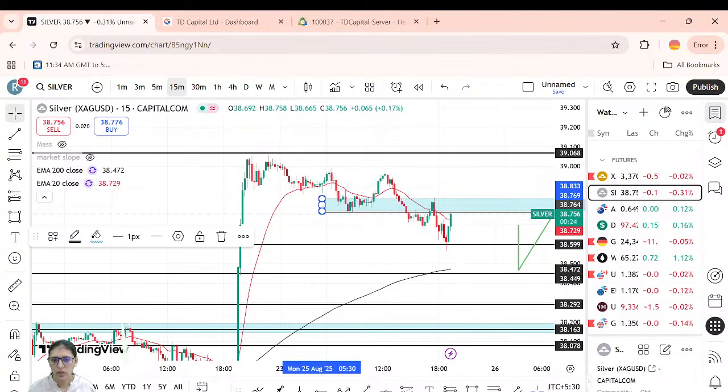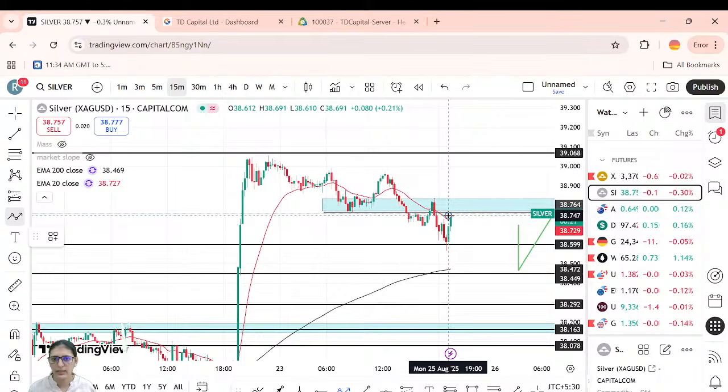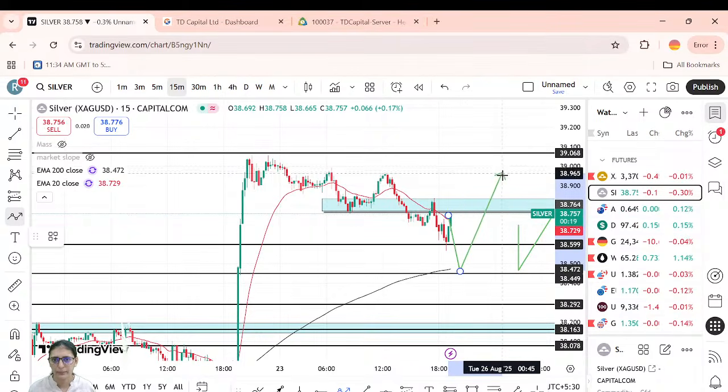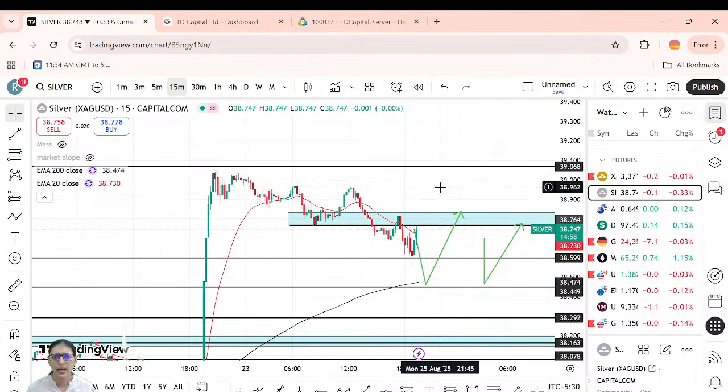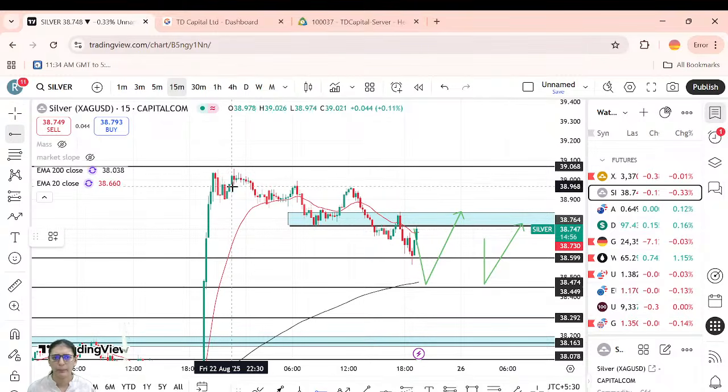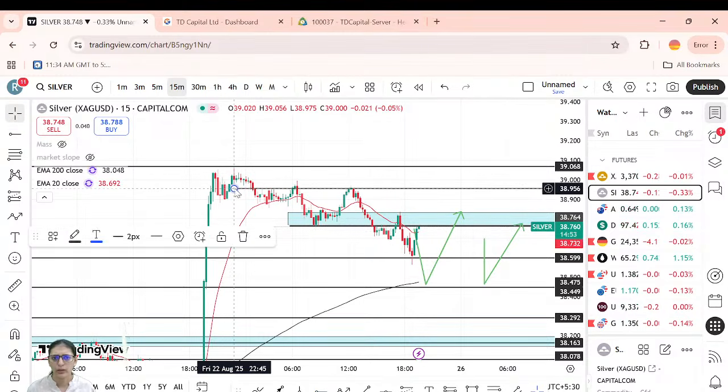But if it comes down for a retest, this will be a good buy area, at least till here. As of now, do not make an entry here because this zone could be an area for reversal also. So either wait for it to give a proper breakout of this zone. It stays here for some time, gives you a space for retest. You make an entry at retest, and you can keep your target till here.